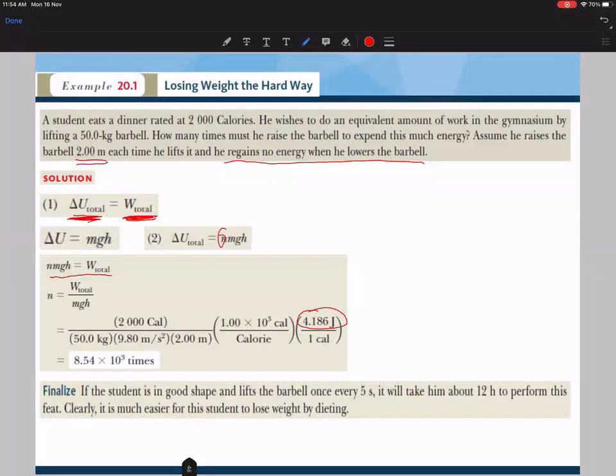So at the end, it would be around 9,000 times, or 8,500 times of the lifting. I have said that you do not have to remember the numbers.